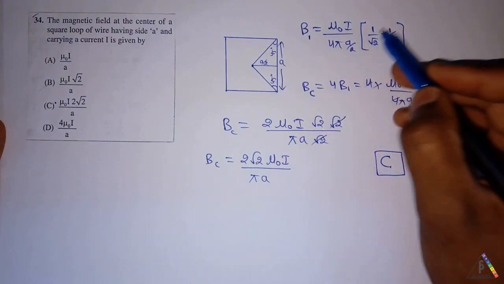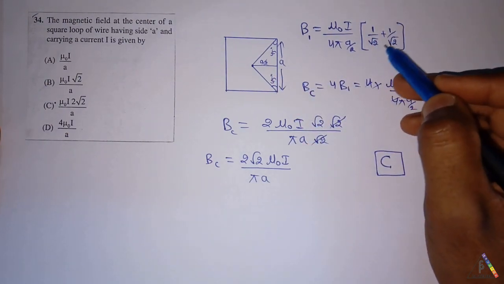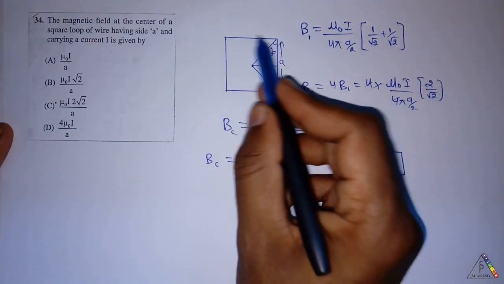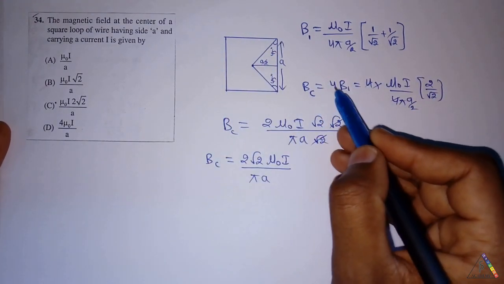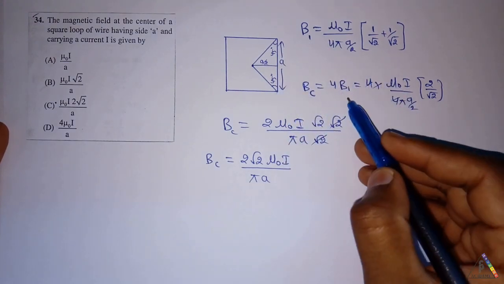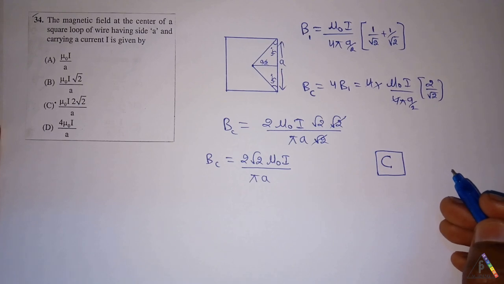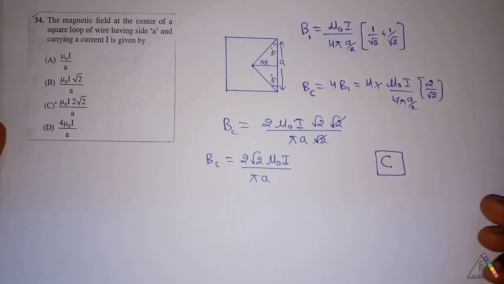The cos of 45 degrees is 1 by root 2, therefore 1 by root 2 plus 1 by root 2. Therefore, the total magnetic field of the square loop at the center C is equal to 4 times of this each B1. Therefore, by simplifying, we get for this question the answer as C option.